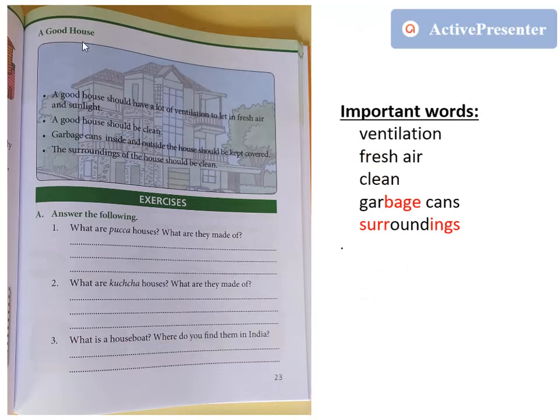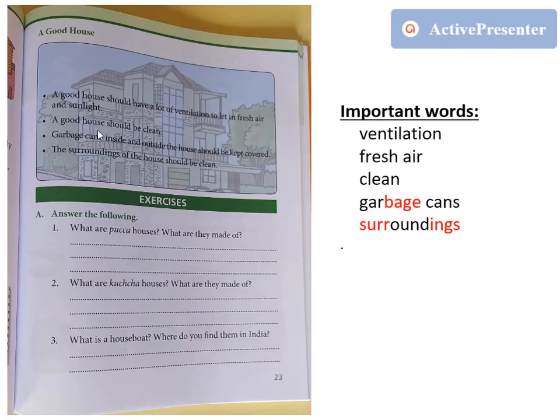What is a good house? A good house should have a lot of ventilation to let in fresh air and sunlight. We have windows, right? For a lot of ventilation.